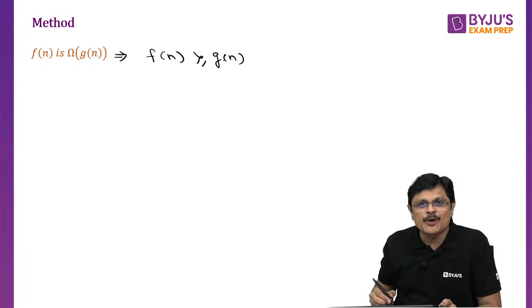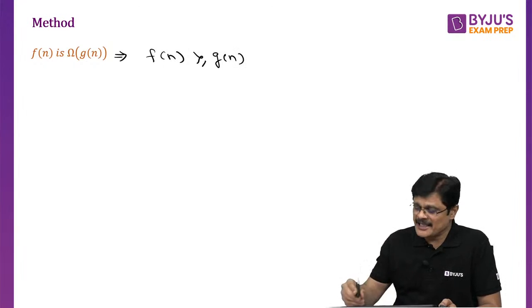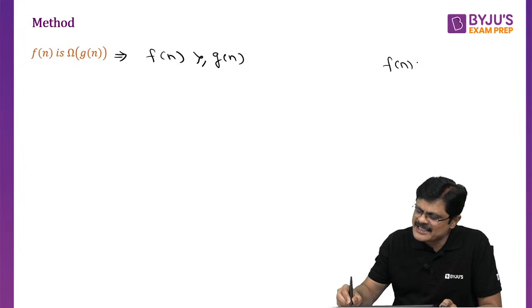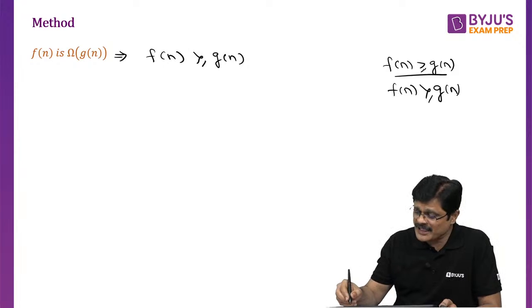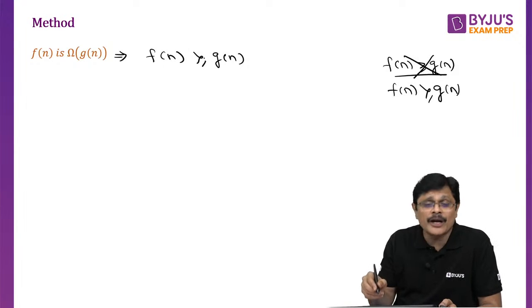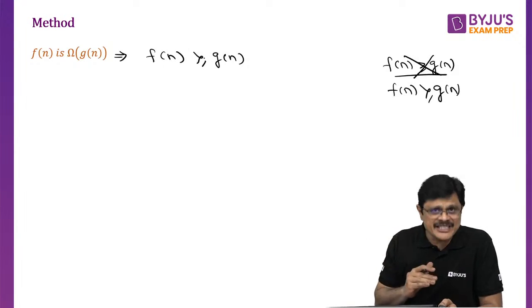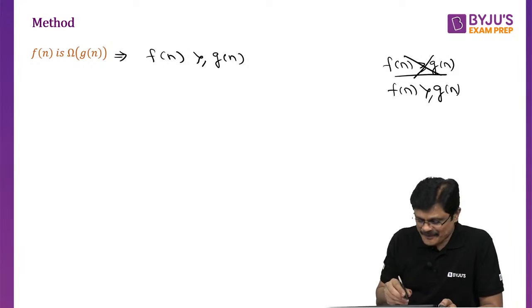There is a difference between f(n) greater than or equal to g(n) and f(n) asymptotically larger than g(n). It is normal greater than or equal to, but here we don't want this. Asymptotically larger than g(n), what does it mean?